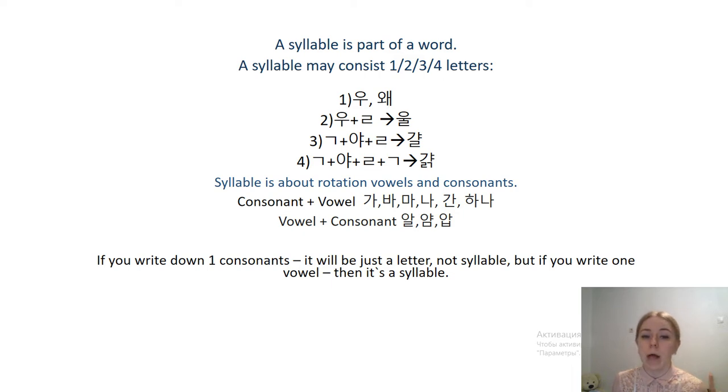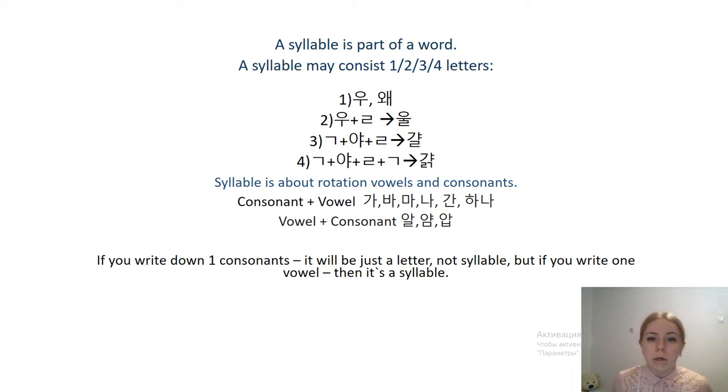Only one vowel or diphthong can be a syllable. If we are talking about consonant sounds, it's not a syllable, it's just a letter. A consonant doesn't form a syllable, it's just a consonant.